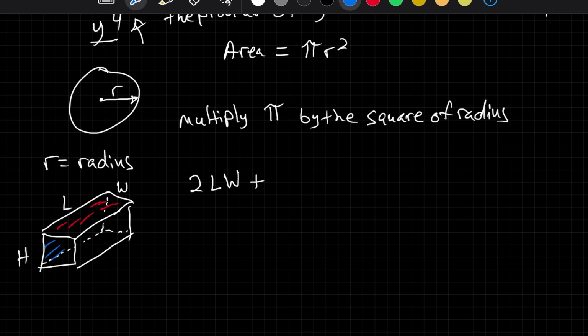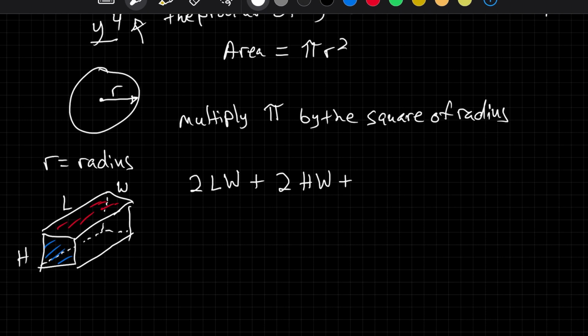Now let's look at this one here. So we have H times W. Okay, so we're going to say 2 times H times W, because there's one on the side nearest us and one on the far side.